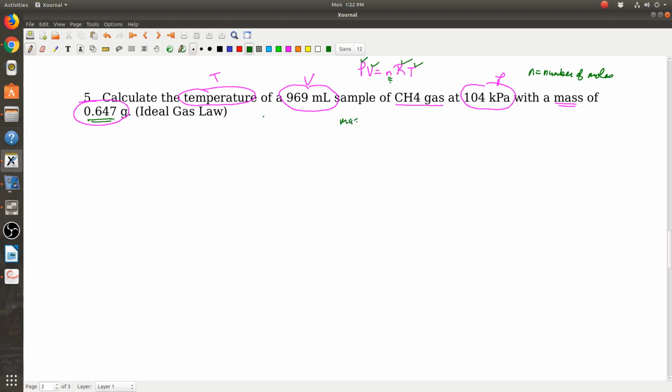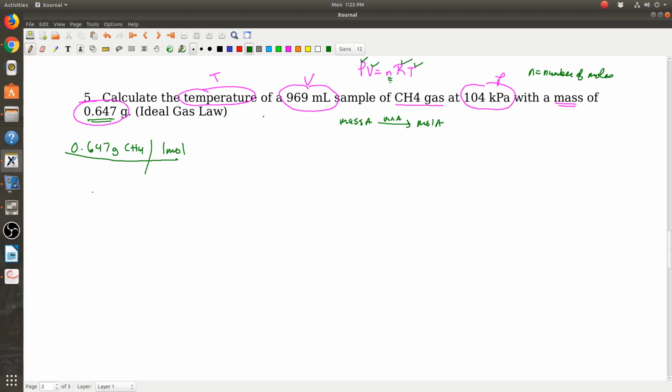Remember, the mass of A can be turned into the moles of A using the molar mass of A. So that's what I'm going to start off by doing. I take 0.647 grams of methane, CH4, and 1 mole. And so I just need to know the molar mass of methane.